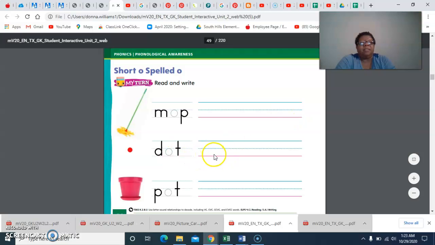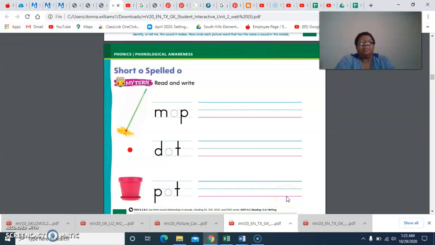You have dot, write it 2 times, pot, write it 2 times. Make sure and say the name of the picture. Say it slowly. Dot, d-ah-t, pot.